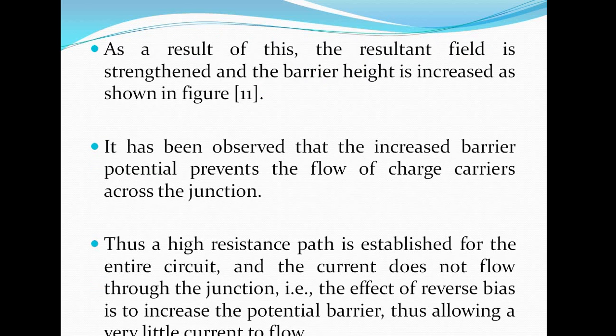As a result, the resultant field is strengthened and the barrier height is increased, as shown in figure 11. It has been observed that the increased barrier potential prevents the flow of charge carriers across the junction.